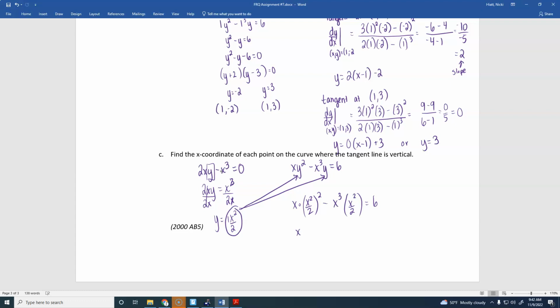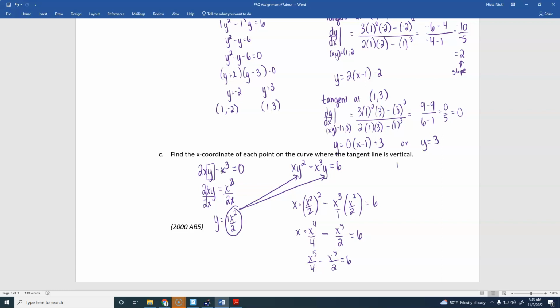So for this one, I'm going to square the top, square the bottom. So I'll have x times x to the 4th over 4. Over here, I'm just going to multiply straight across. So I'll get x to the 5th over 2. And so this is x to the 5th over 4 minus x to the 5th over 2 equals 6.